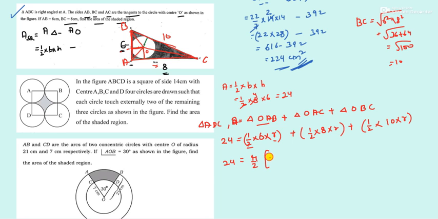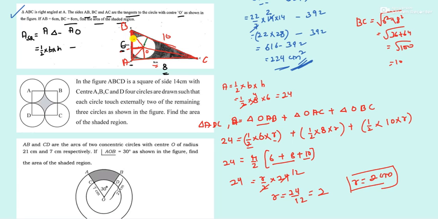So here you will get 6 plus 8 plus 10, so r by 2 into 24. So this is 12 and here it is 24. So r will be 24 by 12, that is equal to 2. Like this we can get the radius, that is 2 centimeter.